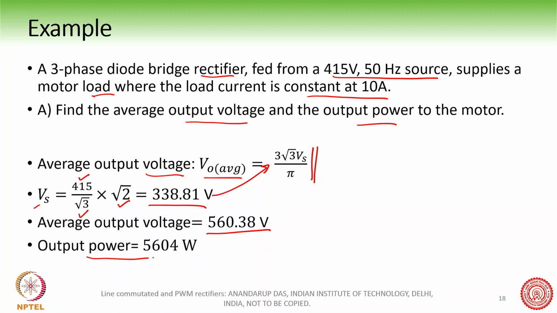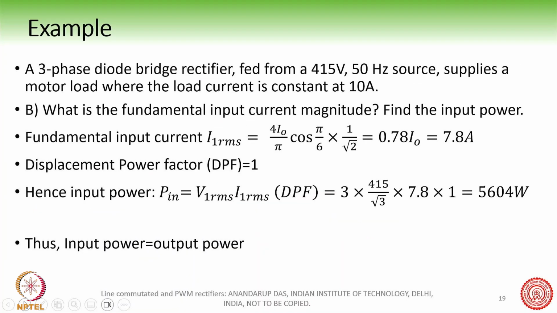Multiplying that with the output current, which is considered ripple free, and the load current is constant at 10 ampere as given, the output power is 5604 watt.